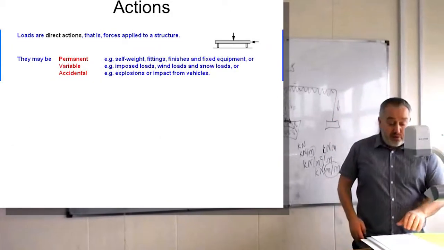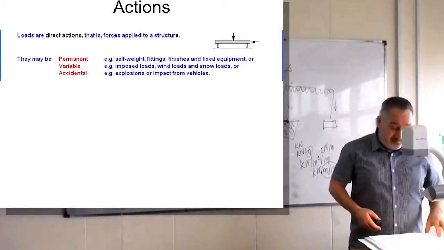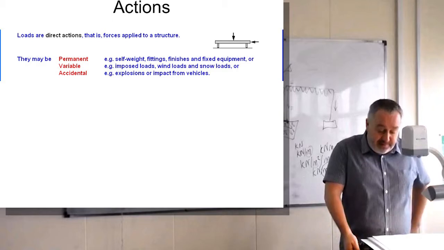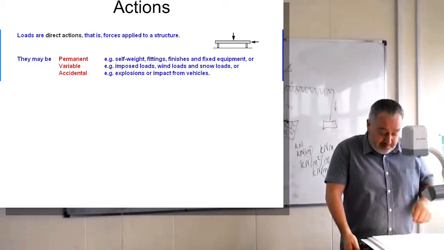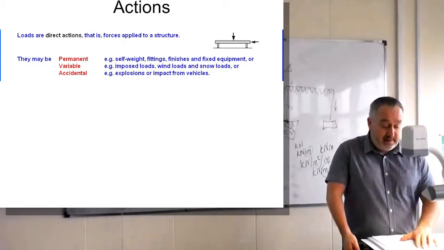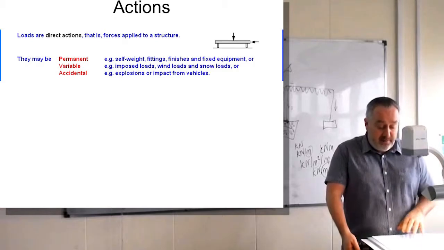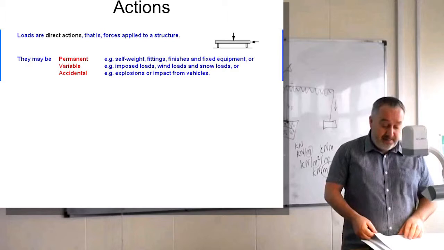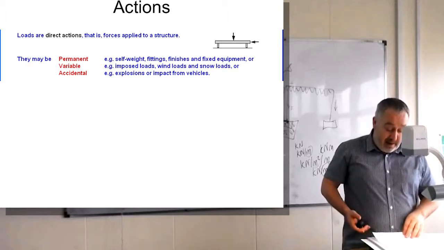So the Eurocode itself splits actions into 3 different types. So we've got our permanent, that's your dead load, your variable, your live load, and accidental. We won't be covering accidental damage.